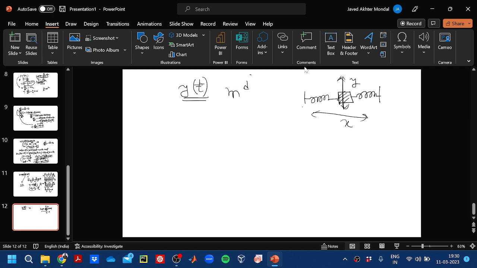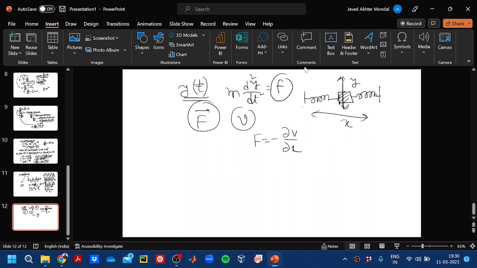So that means m d2y dt square equals F, and that we have to solve. We can always easily find the force from the potential, because we know that force is defined as minus dV/dx. Since the potential is a scalar function, it is easier to work with the potential rather than force.